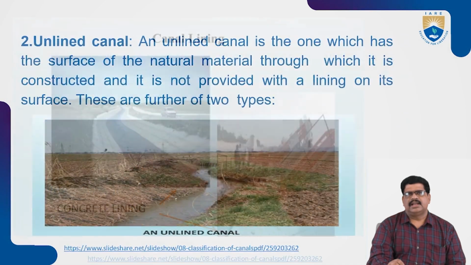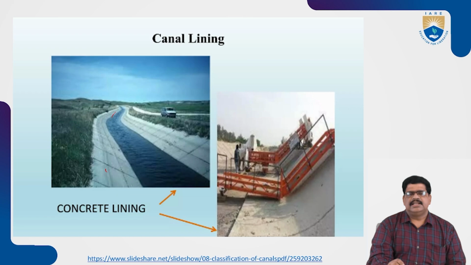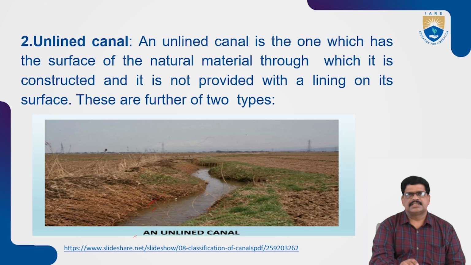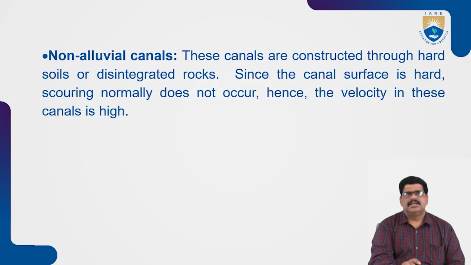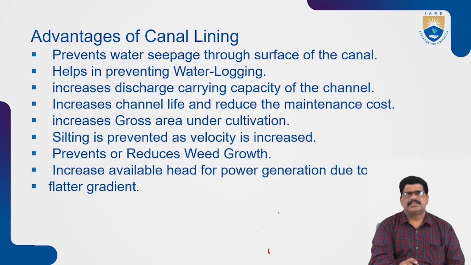Let us see the difference. In the lined canal the losses will be less and the discharge capacity will be higher. In the unlined canal the losses will be more, due to irregularities, the storing of water, infiltration and evaporation. So the next advantage is increased life and reduced maintenance cost.